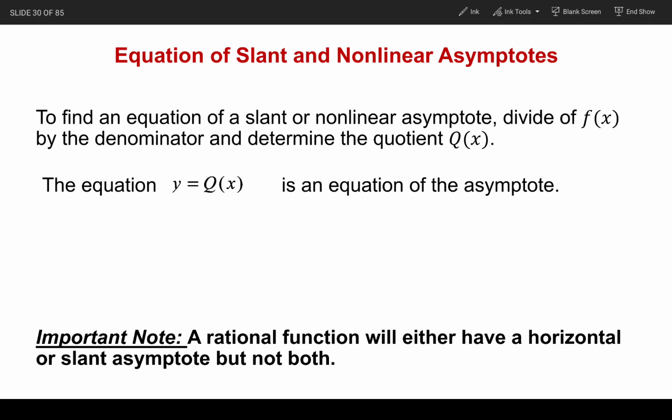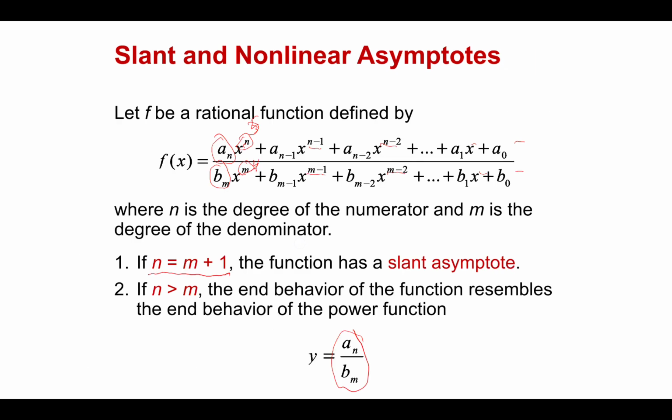First, to find the equation of a slant asymptote. And let me go back here for a second. So when we have a vertical, it's a dashed line somewhere, and we can't cross that.